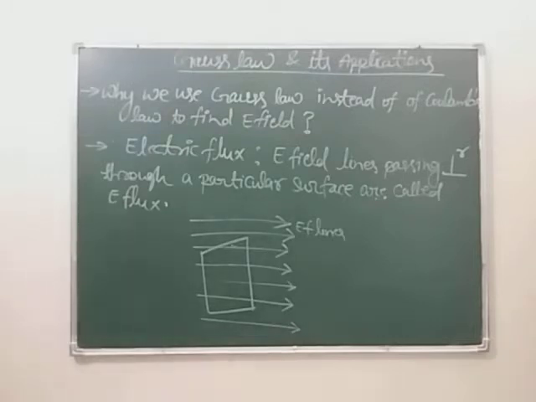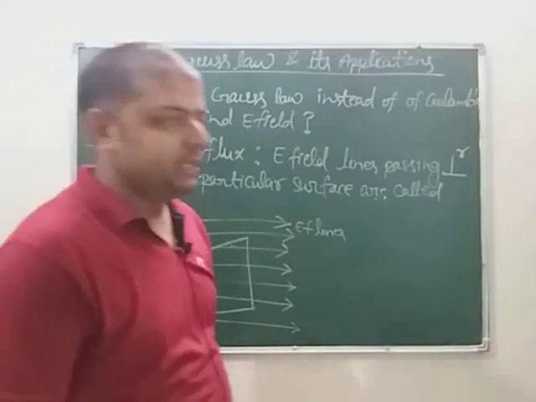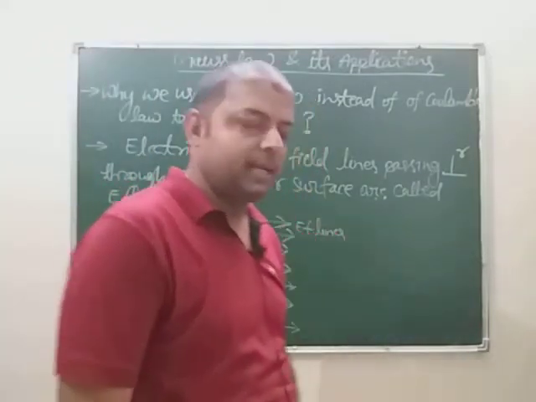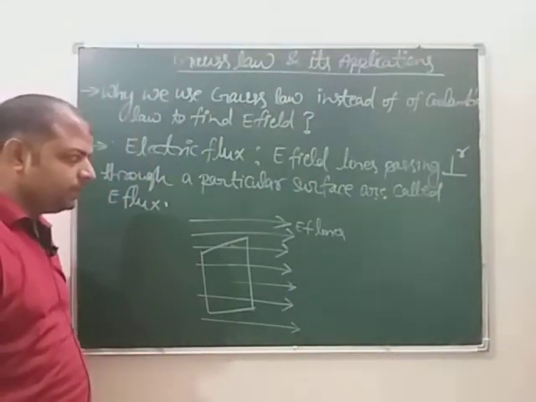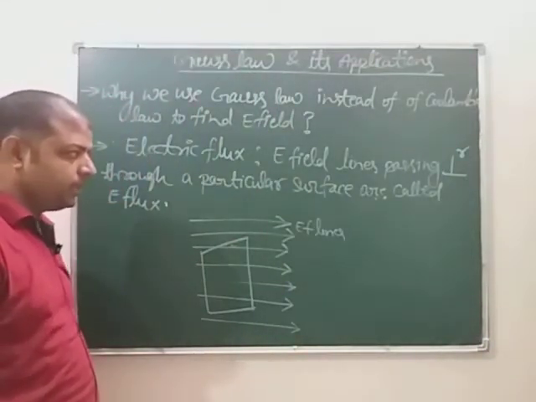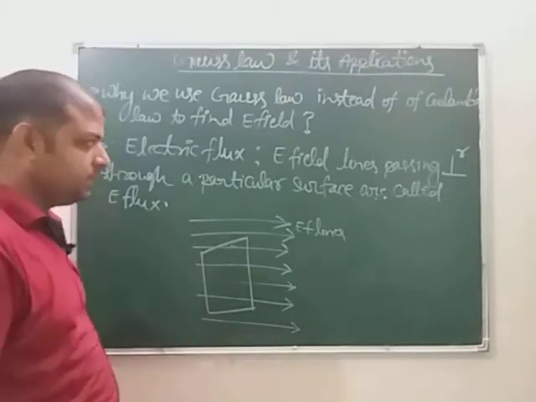So if the surface is making an angle theta with the electric field lines, then what will we do? Before knowing this, we have to know one term, the area vector.